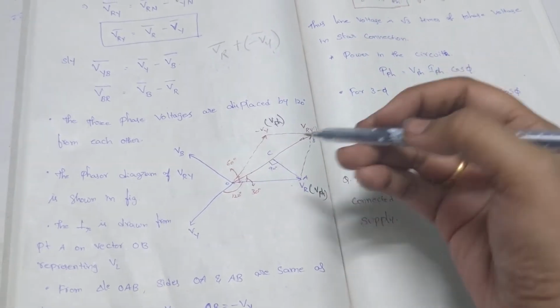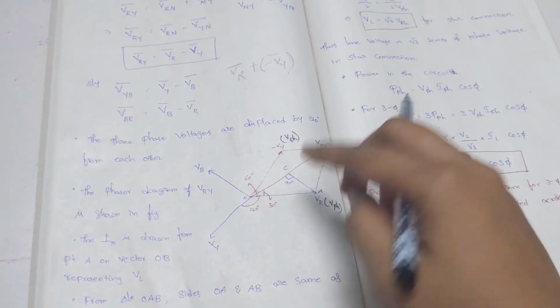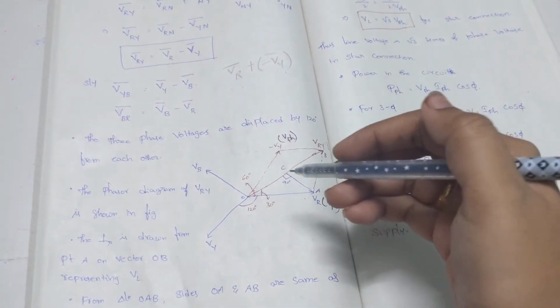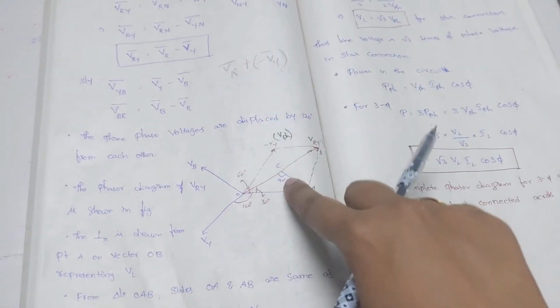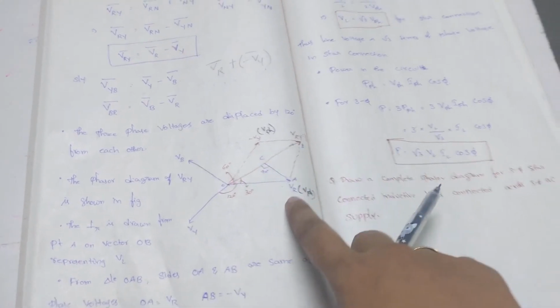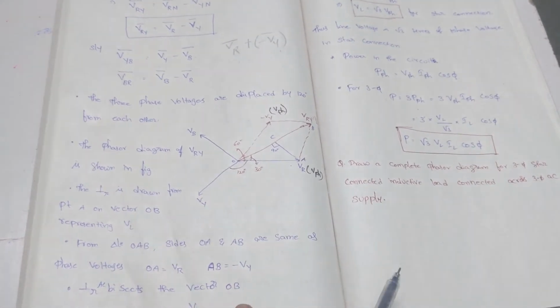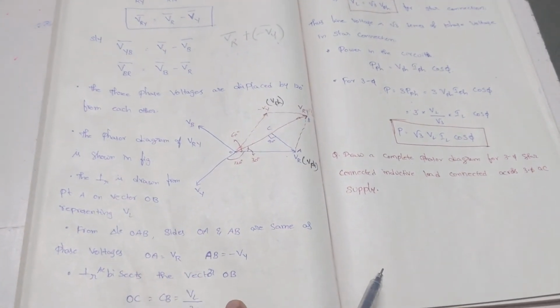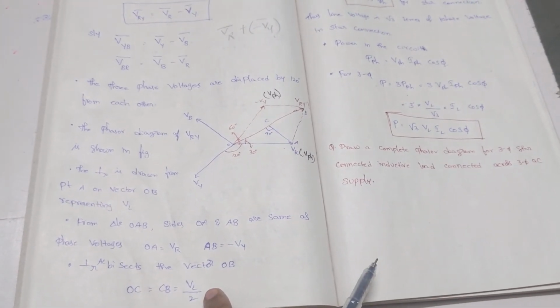Now this point C bisects the vector, exactly half of the value. That means OC and BC are each nothing but OB by 2, which is nothing but VL divided by 2.